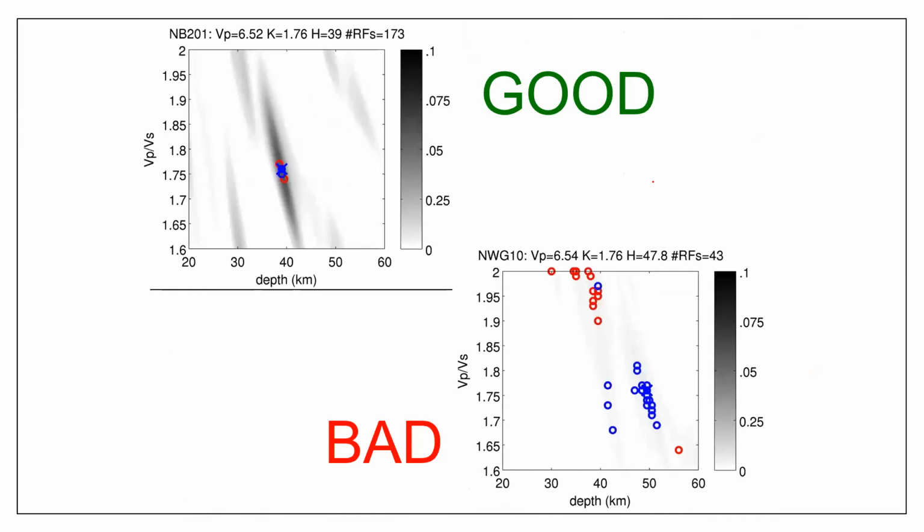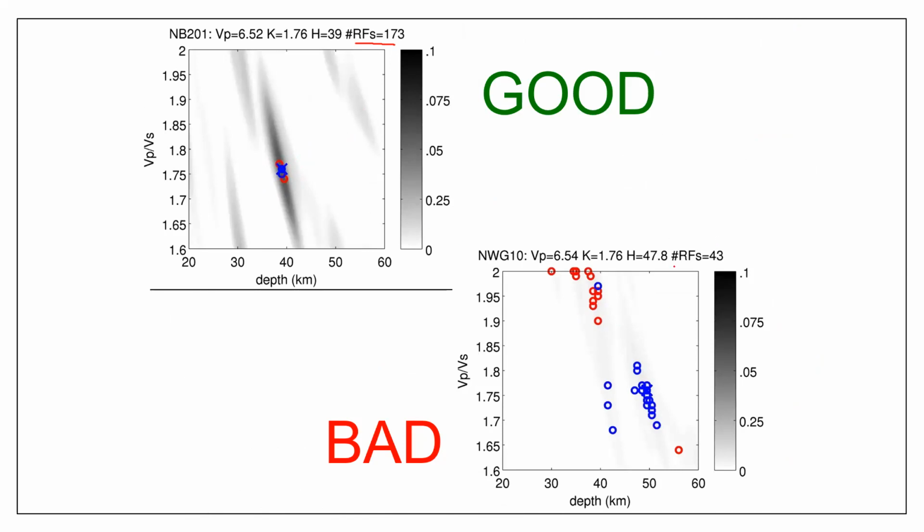You can see here the number of receiver functions. They are showing how the number of receiver functions might affect your results. In this case, the receiver functions they have taken into account number 173. The H-kappa stacking is done here, and you can see the bullseye is achieved here and you are getting a unique solution.